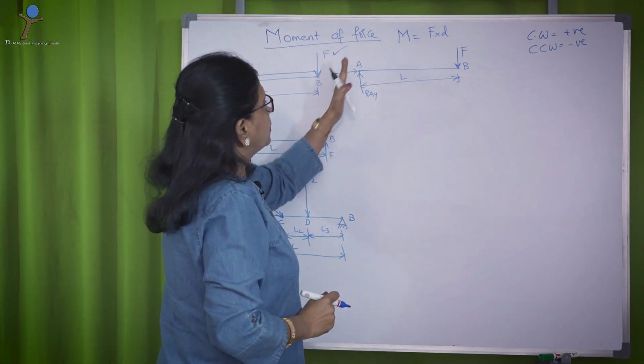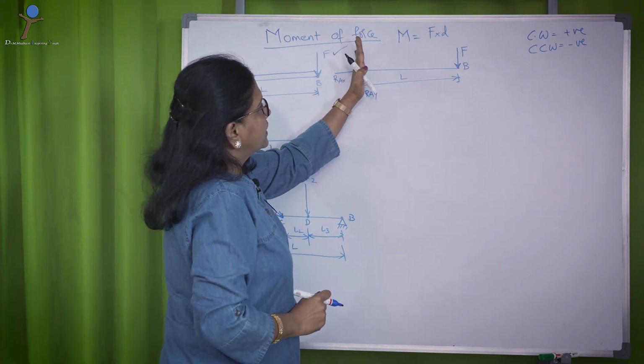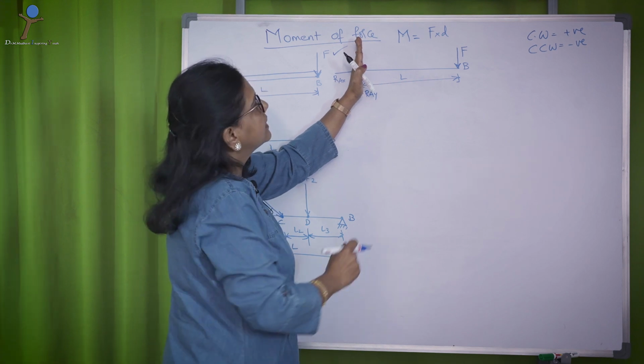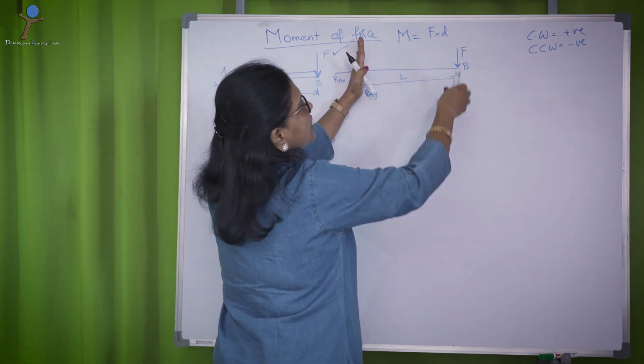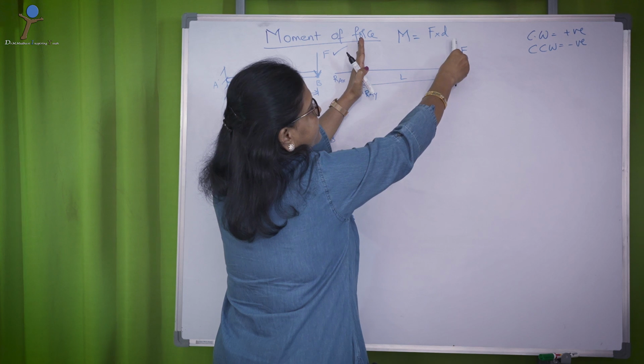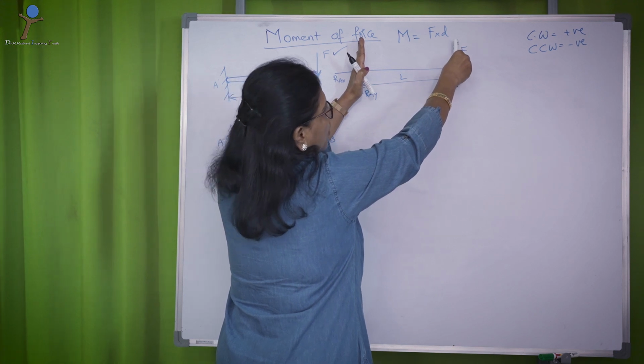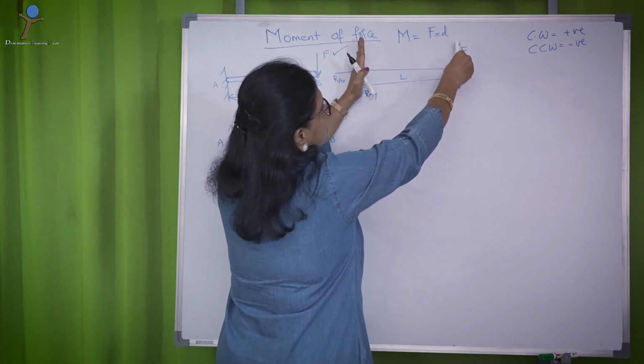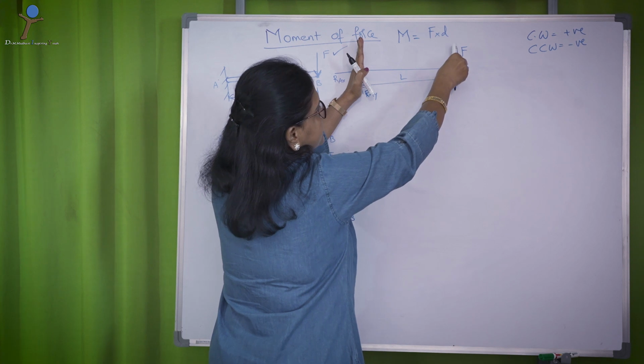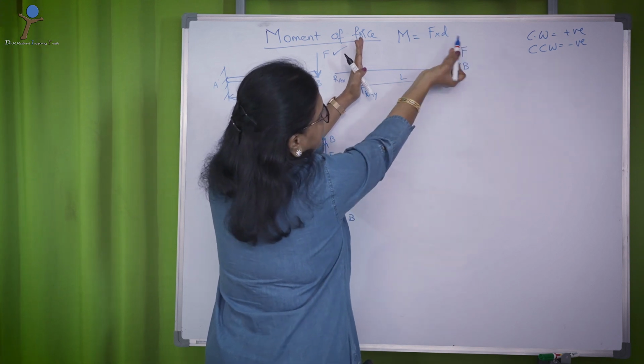So, to calculate the moment about A by the force F, you hold the force F here and rotate the force towards A. That means it has to move this way.